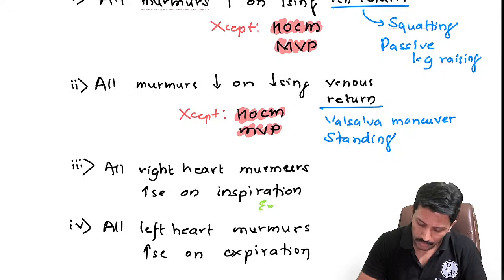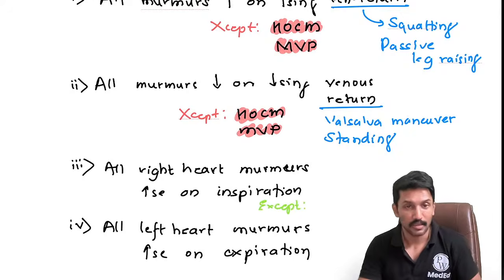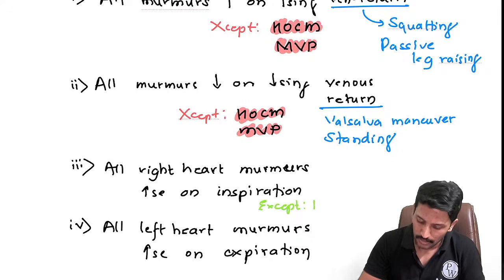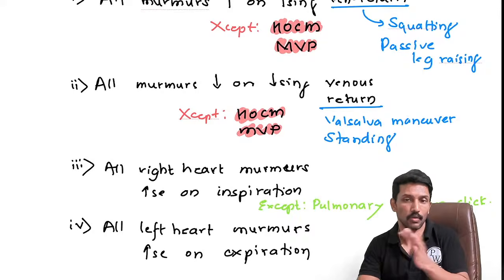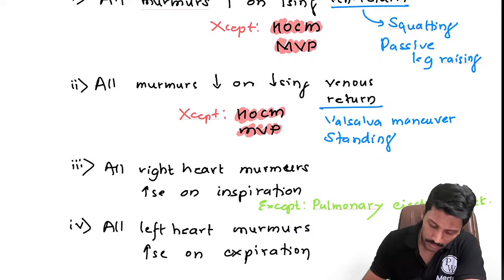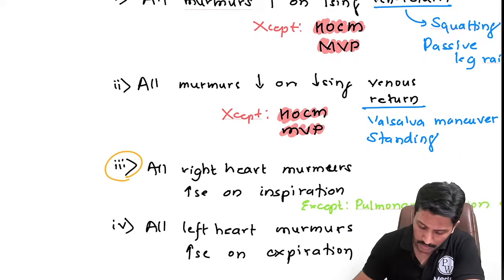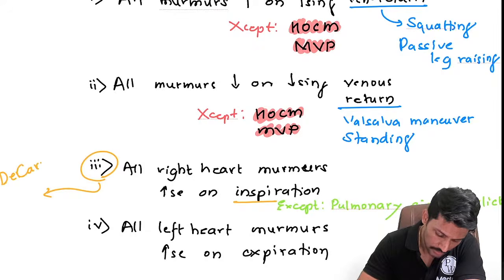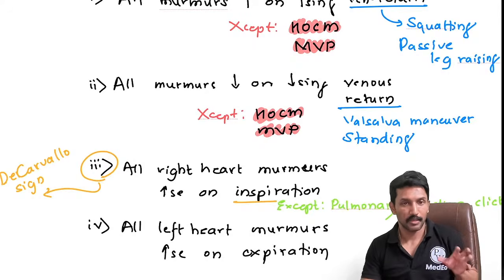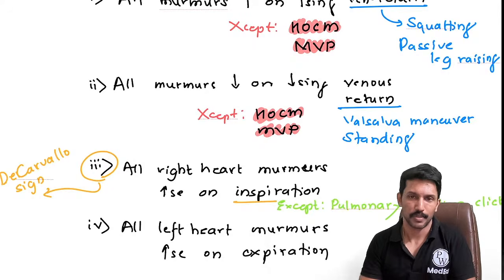There's one exception to right-sided murmurs increasing on inspiration, and that is the pulmonary ejection click. If you have PS, you will have a pulmonary ejection click that does not become loud on inspiration. And when right-sided murmurs become louder on inspiration, we call this the De Carvalho sign.